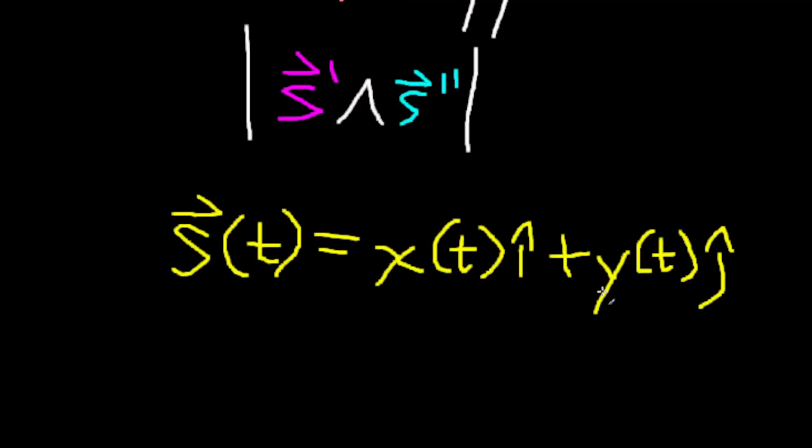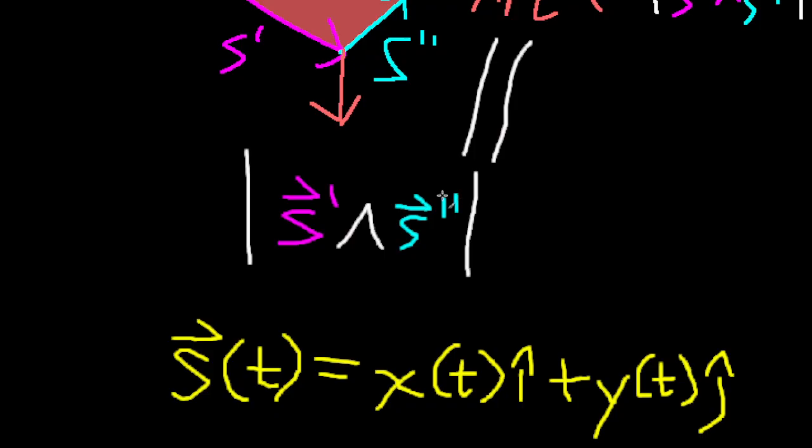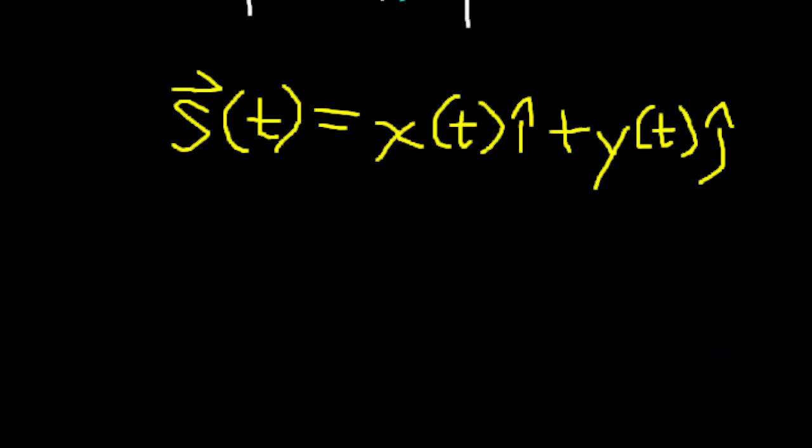Okay, so remember what we wanted to do was take the cross product of these two vectors. So let's write that down here: s prime cross s double prime.